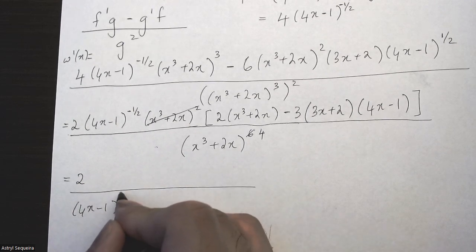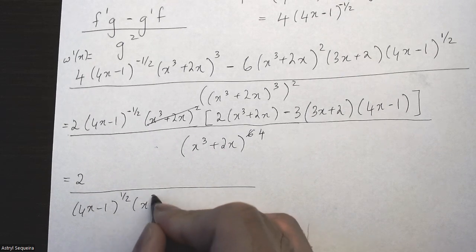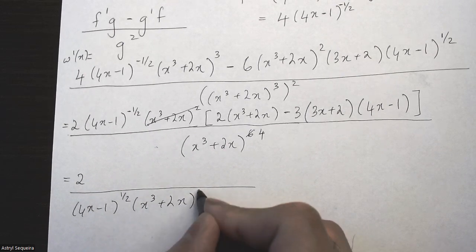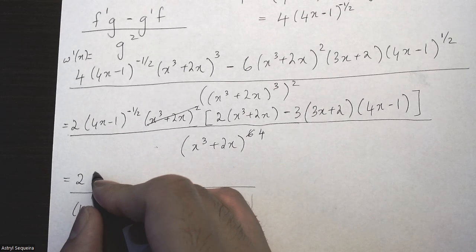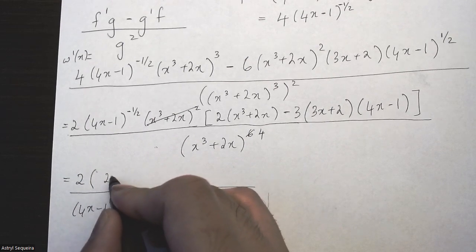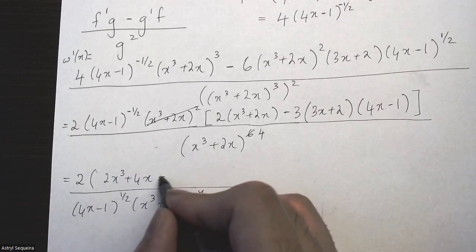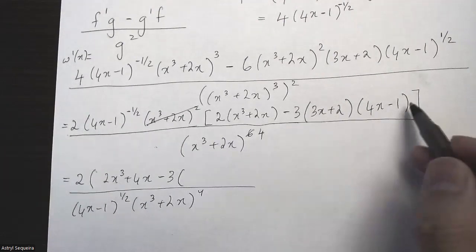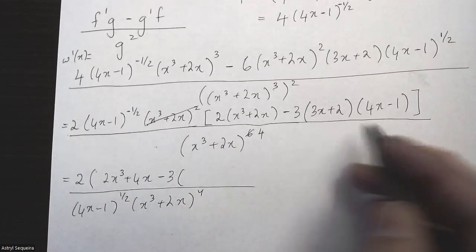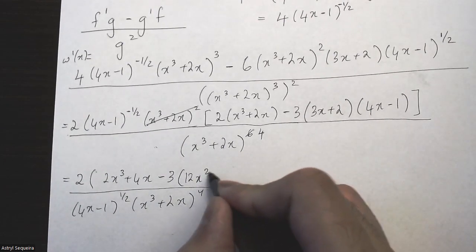(4x minus 1) to the half, (x cubed plus 2x) to the 4. And in this bracket, I have 2x cubed plus 4x minus 3. And then if I FOIL out these two brackets, I'll get 12x squared.